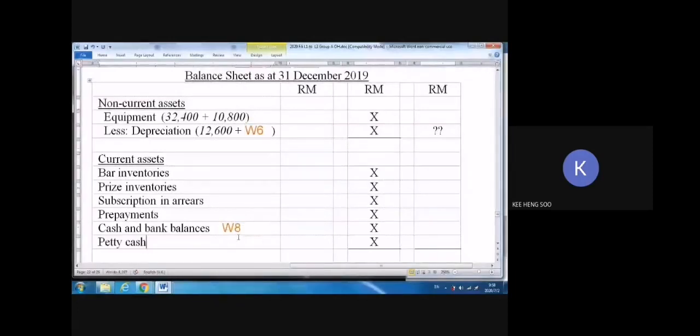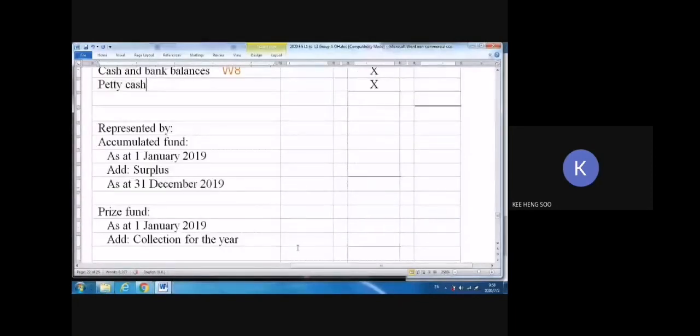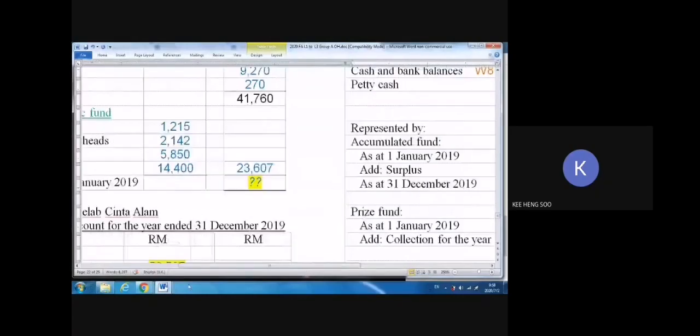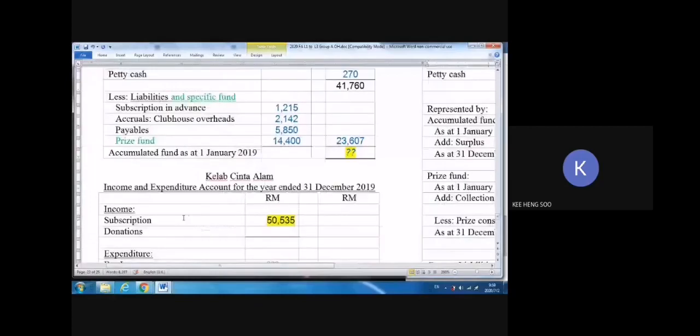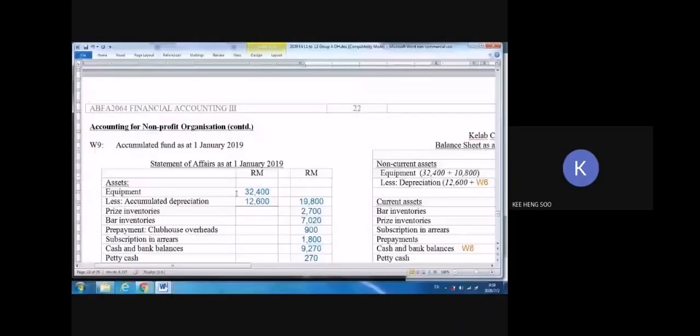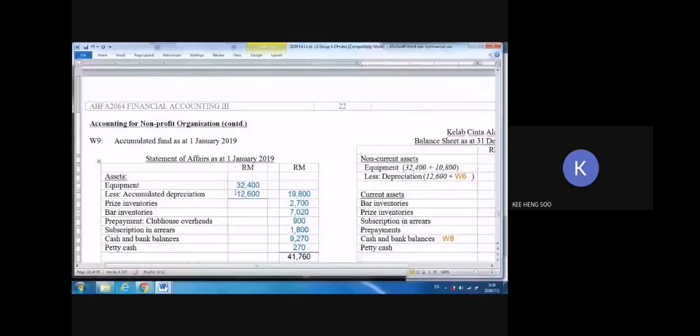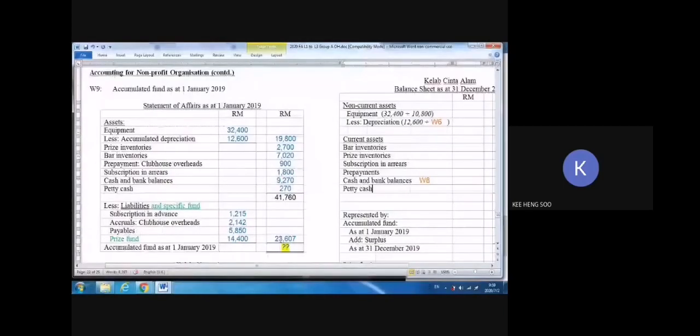Free cash, accumulated fund. So this accumulated fund, you get it from here. Do you see that accumulated fund? Okay, make it smaller. Accumulated fund, you transfer from here, your accumulated fund from here to here.